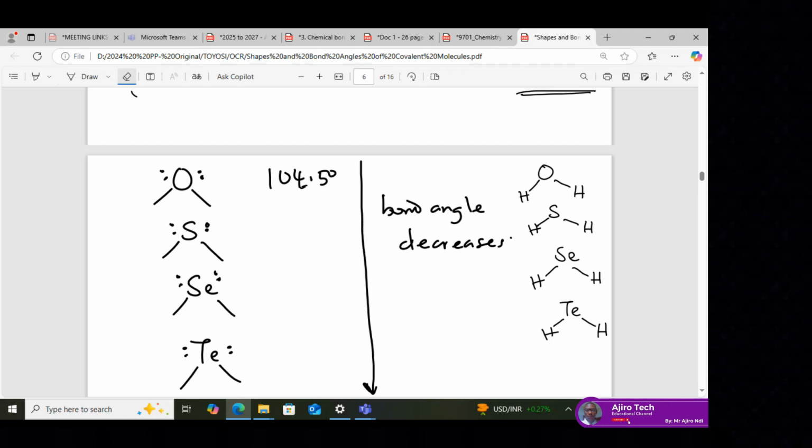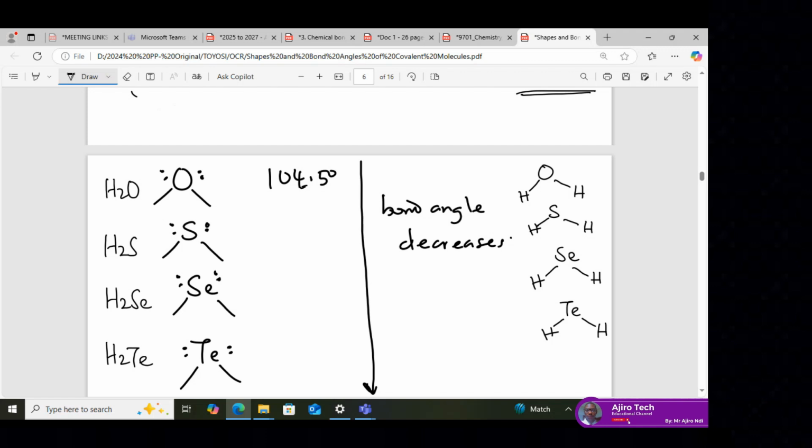This is H2O, this is H2S, H2Se, H2Te. You have to know the value for water, when it is oxygen. Other values, you are not supposed to know them. But you are supposed to know that as you go down, the bond angle decreases. Do you understand that?